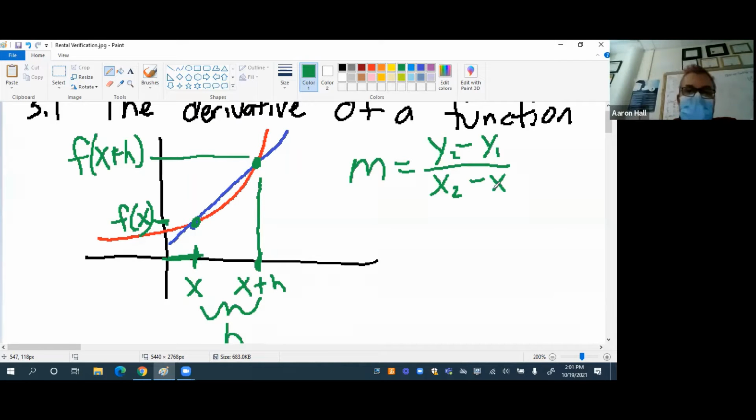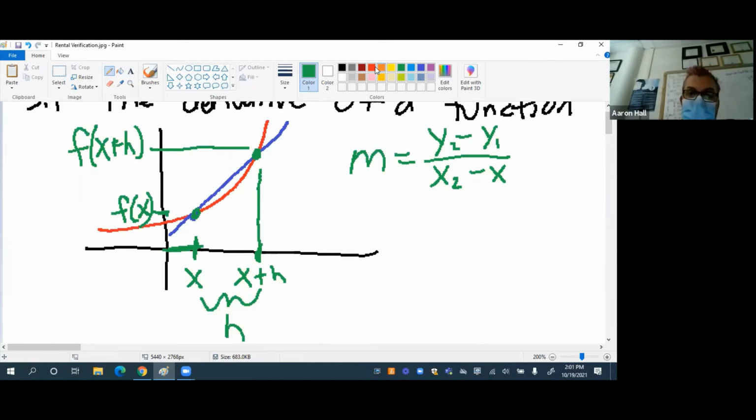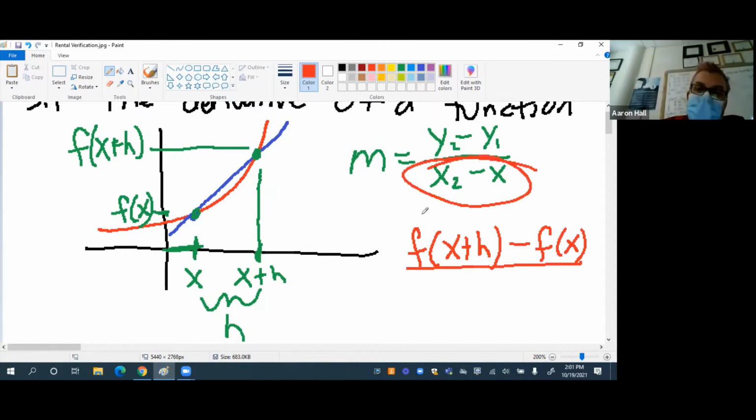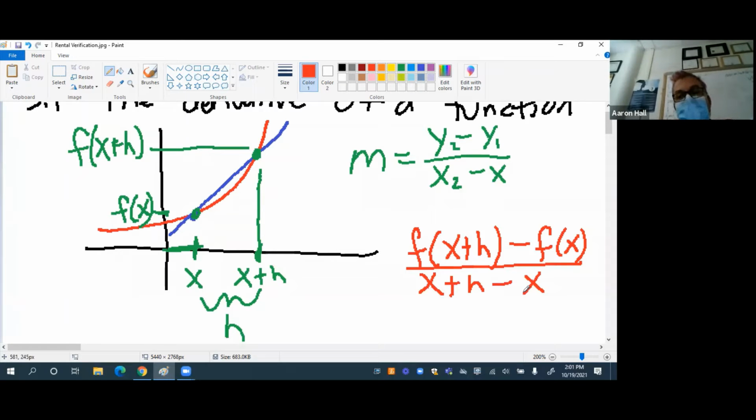If we plug those corresponding values in, we'd have the difference between our y values, our rise, which is f of x plus h minus f of x, over the difference between our x values, our run, which is this distance here: x plus h minus x, which can be simplified to what? To just h, yeah.